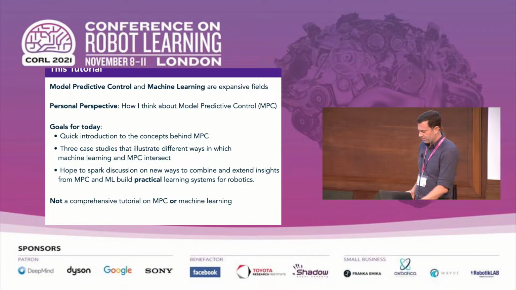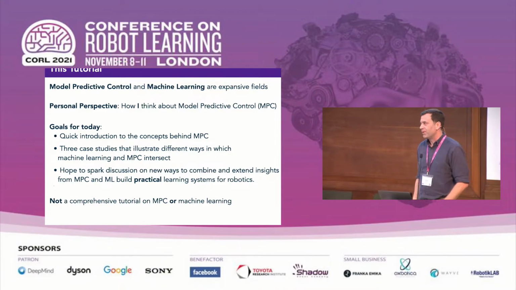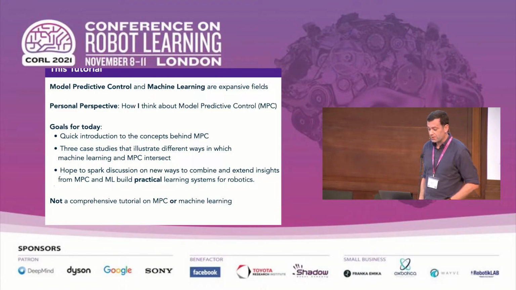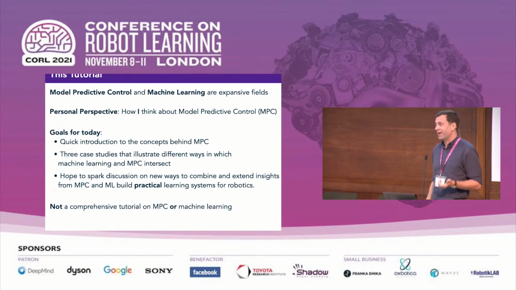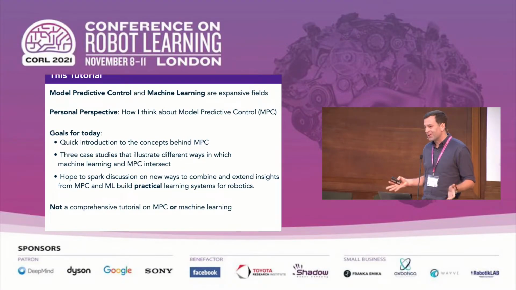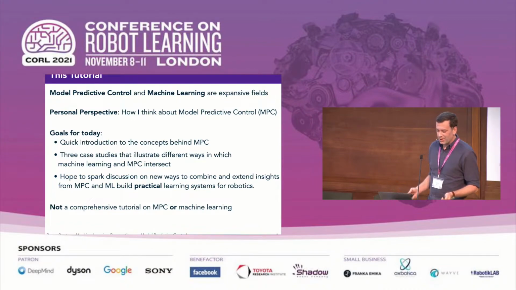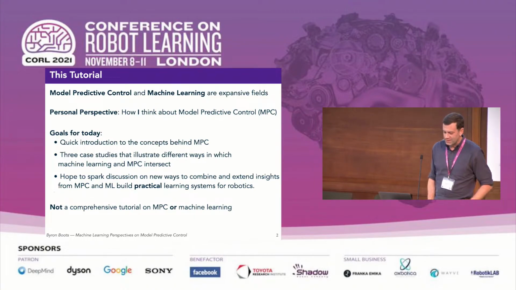Okay, so before diving into what I've prepared for today, I just want to give you a brief overview of my goals for this tutorial. After all, model predictive control and machine learning are really expansive fields, and there's no hope in providing even reasonable coverage of either one. So instead, today I'm going to provide a personal perspective, just the way that I think about these areas, for better or for worse.